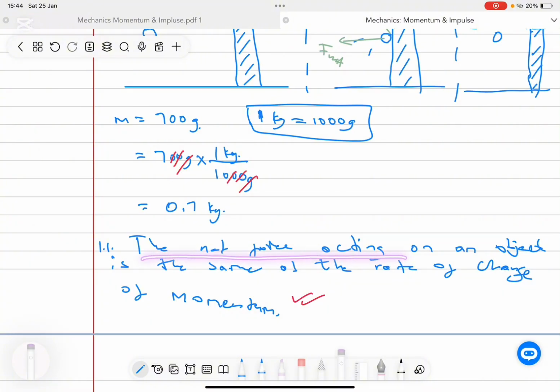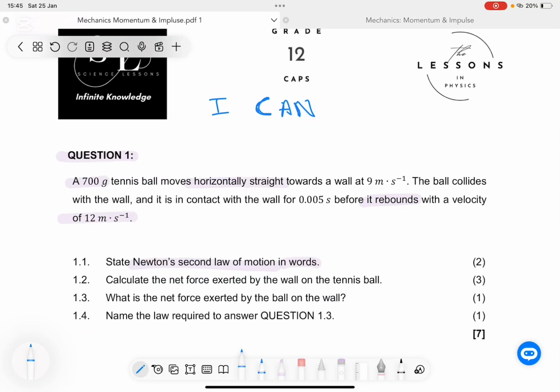So you literally go through what you wrote and check if there's any mistakes. It should take you no longer than 2 minutes because it's 2 marks. So here I can see that my statement is really written well. There are no errors here, grammatical errors and everything. I will then go back and answer the next question.